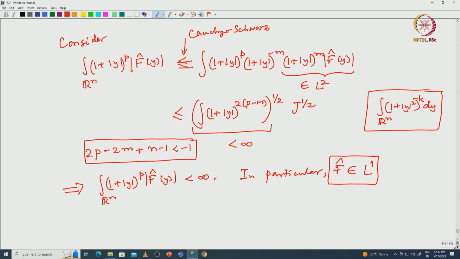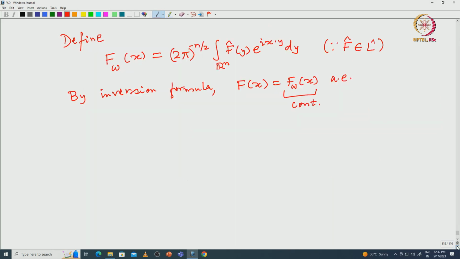So if you iterate this several times, or you can directly take the derivative, that is justified, because whatever y variable you get, they are all integrable functions, and that will be the Fourier transform of that L1 function. By iterating we see that f omega is actually C^p.